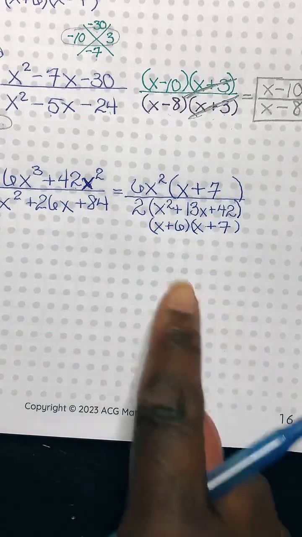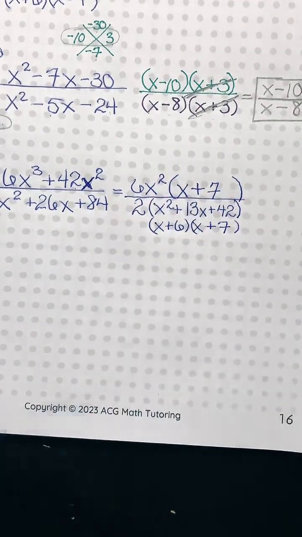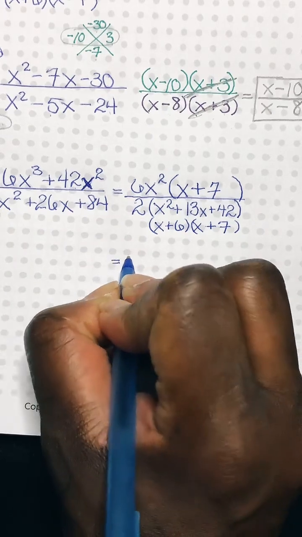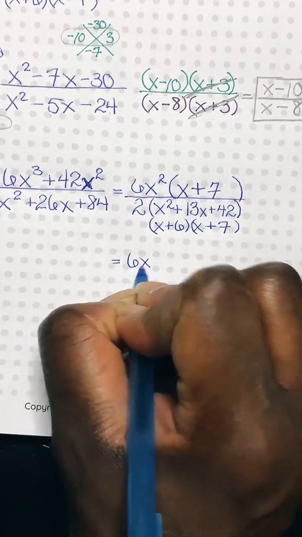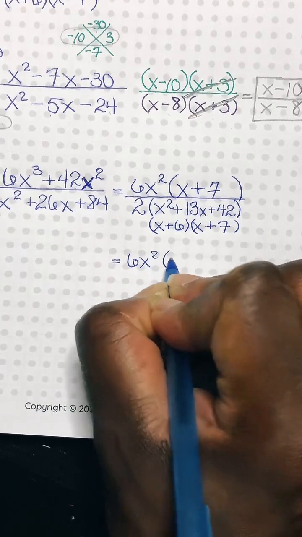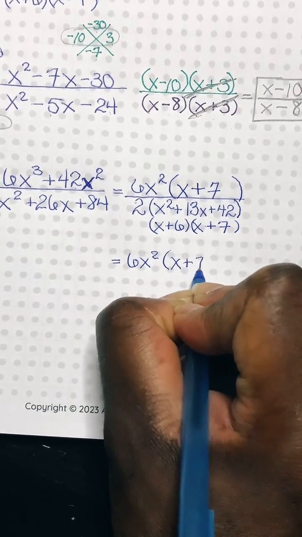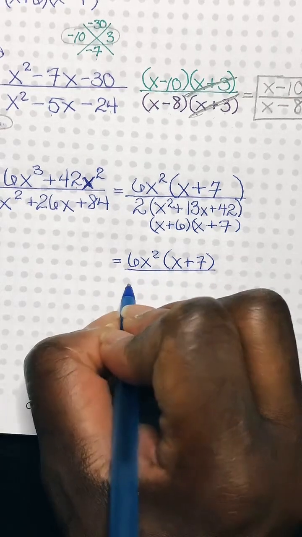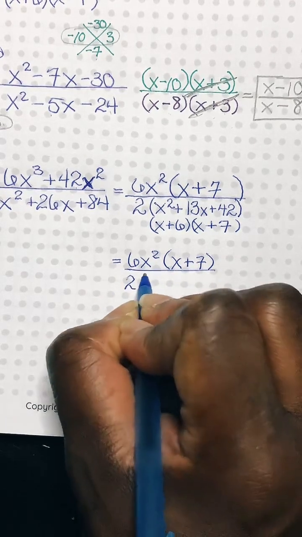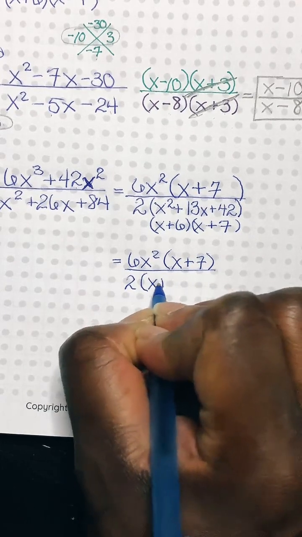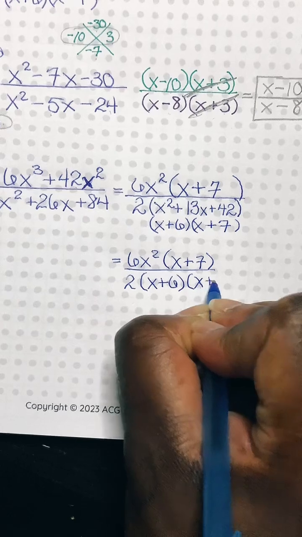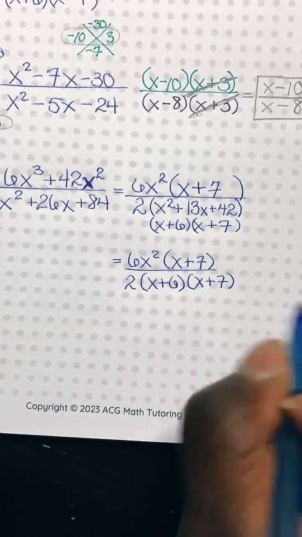Okay, so let me clean this up a little bit. Okay, so I'm just going to put it right underneath. So we have 6x squared, and we have x plus 7 for our numerator. For our denominator, we have 2 times x plus 6 times x plus 7.